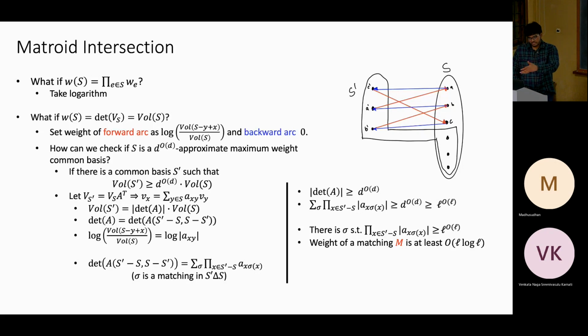Can we abstract this out, remove volume and say something else? Just to connect it to the continuous world, if you have a function, the log of which is concave, I'm drawing an analogy. Those are well studied, they're called log-concave functions. They have, for example, very nice regret guarantees.